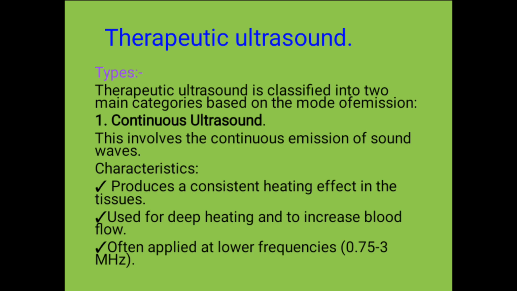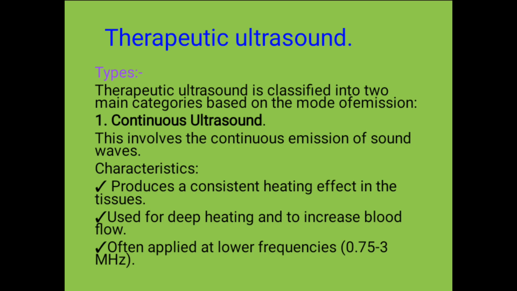We need to talk about the types of therapeutic ultrasound. So ultrasound is majorly categorized into two groups or categories, which is based on the mode of emission. And maybe to mention, we have the continuous ultrasound and the pulsed ultrasound.